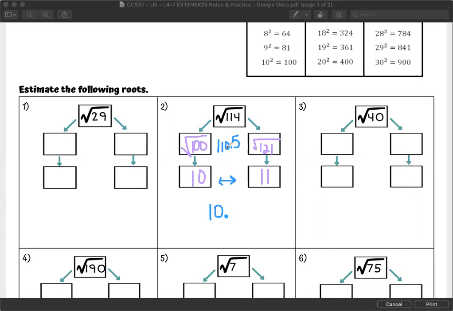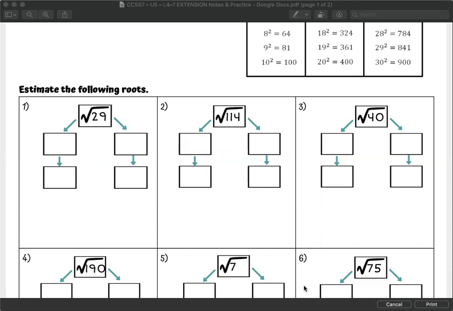And it's not right next to 110.5. So maybe I'm not going to guess 10.6. Maybe I'm going to guess around 10.7. If yours is off, if you guessed 10.6 or you guessed 10.8, that's fine. Guessing 10.1, that doesn't make sense.